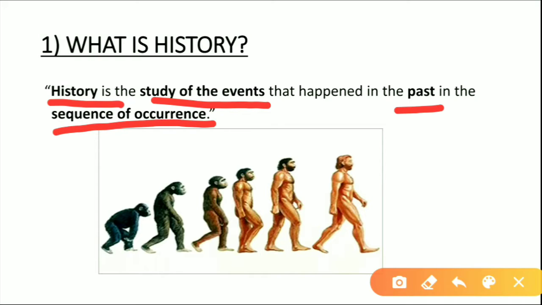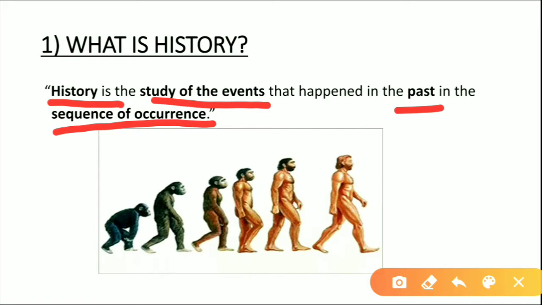In the sequence of occurrence means what? A sequence of events or a sequence of things is a number of events or a number of things that come one after another in a particular order.